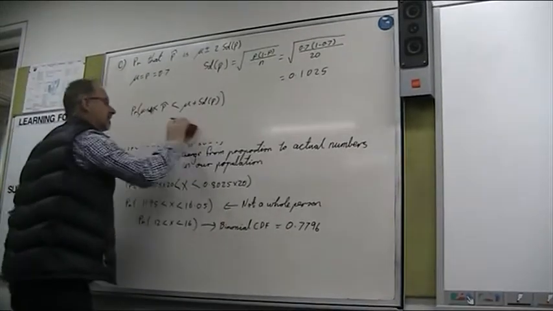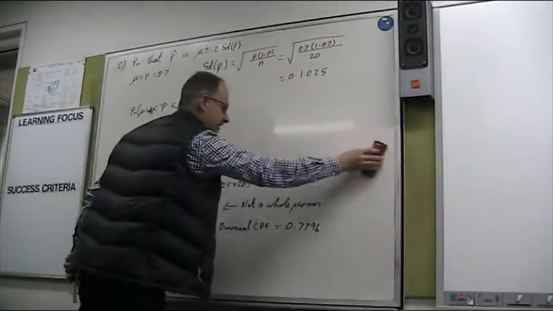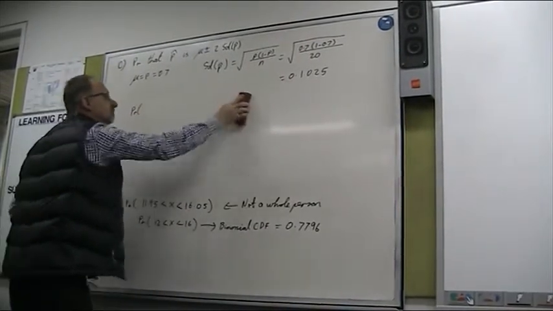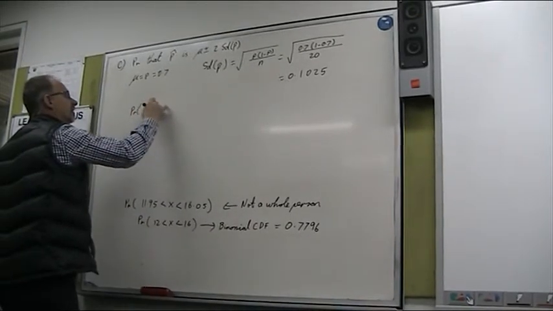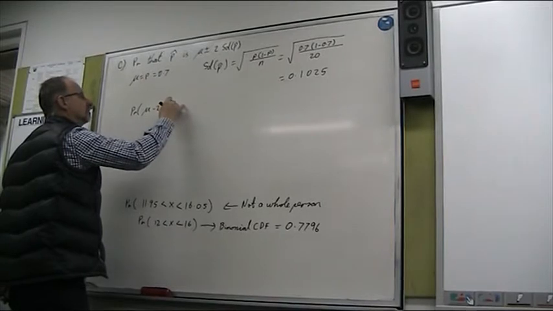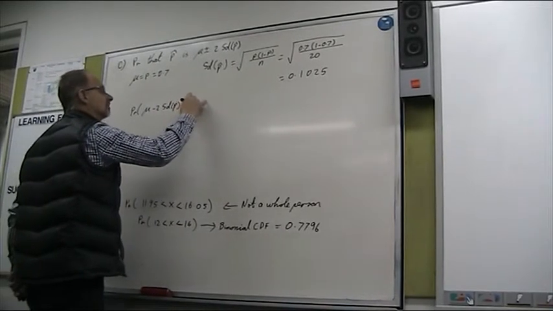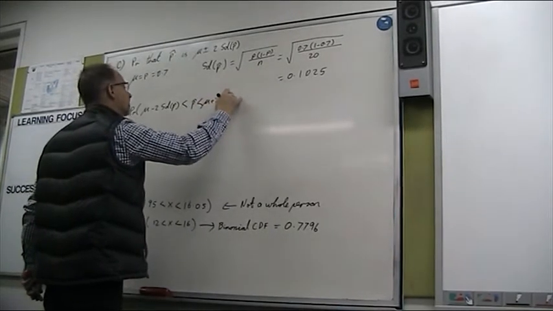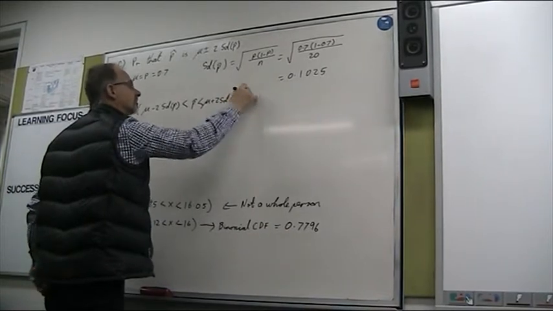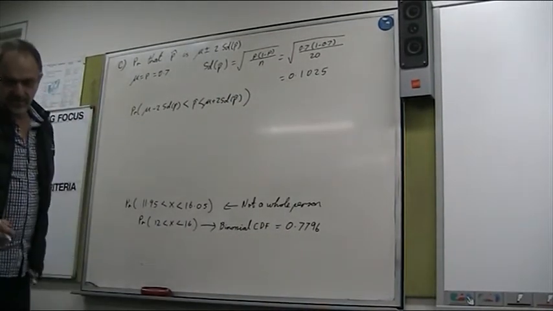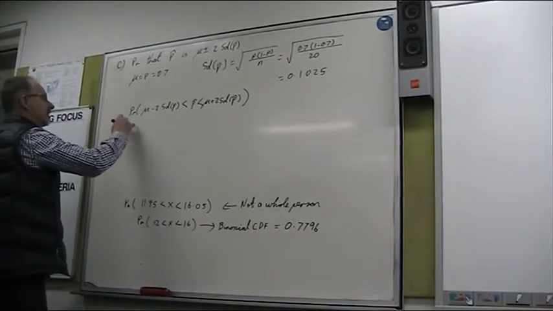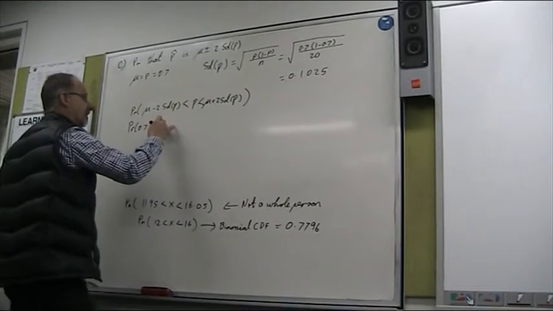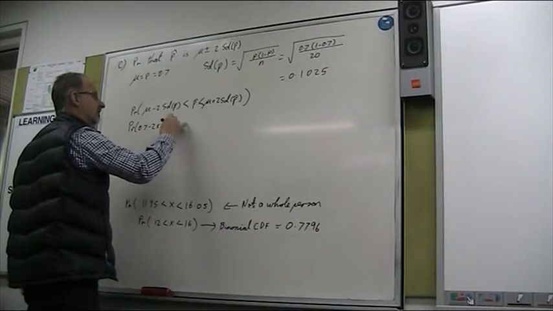So when we do that, I'll shortcut that a little bit. So 2 standard deviations below, two standard deviations above. When we figure that out, that's 0.7 minus 2 times the 0.1025, I should say.